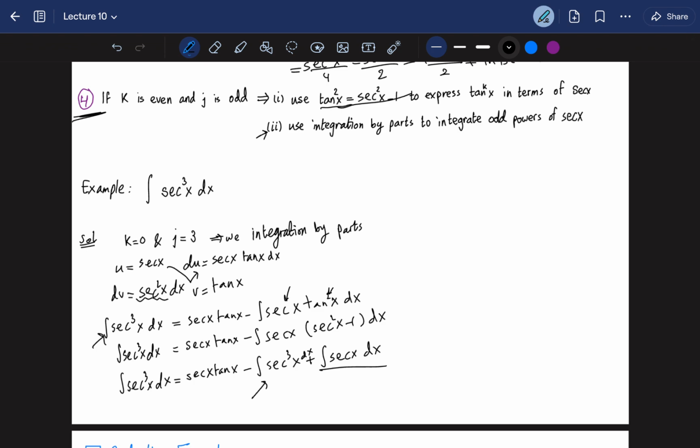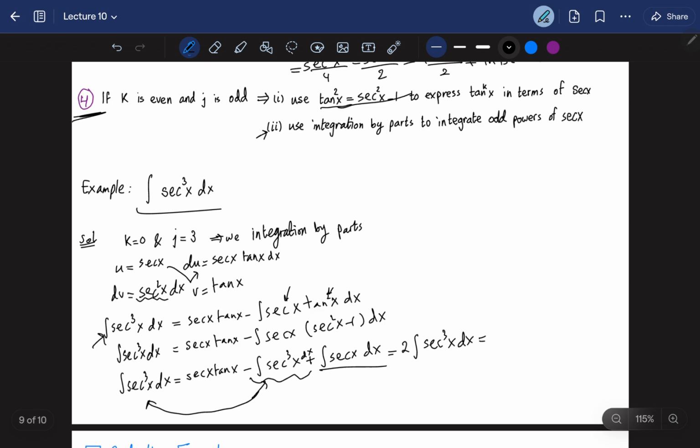So technically I did not solve any of the problems that we have. But if you think smartly, I can take this to the other side and just add them together and get one unknown integral. Now if you take it to the other side, you're going to get 2 secant cubed dx, which is perfect because this is what we want.